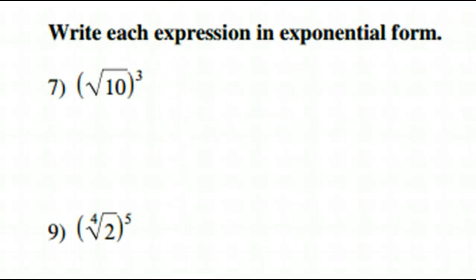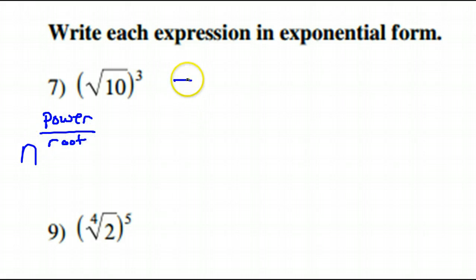For the next few problems we are going in the other direction. We're given a radical expression, and we're going to rewrite it with a fractional exponent. If we keep in mind that our fractional exponent will be in the form power over root, then let's see.